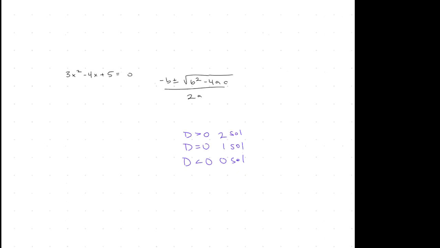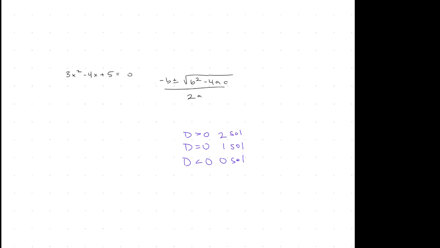So I'm going to pull up my iPad and share my screen. Okay, so I'm going to give you a faster way to find if a quadratic has zero, one, or two solutions without having to fully solve for those solutions.